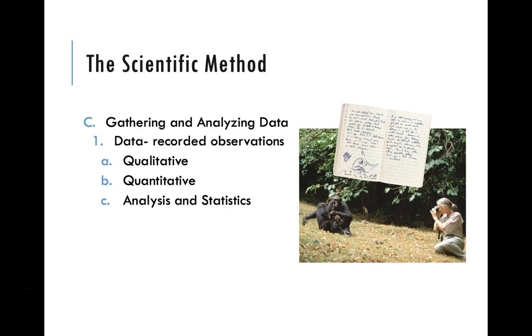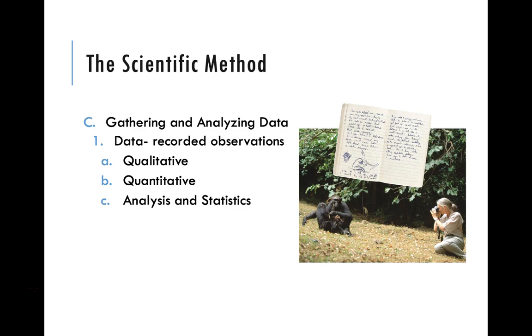If we look at that example on the right, that is Jane Goodall taking pictures of some chimpanzees, and then there's a picture of her journal. For qualitative observations, Jane Goodall might have written down something about what these chimpanzees are doing. They are probably picking fleas off of one another, or the mom might be holding or feeding that baby, and she would describe that interaction.